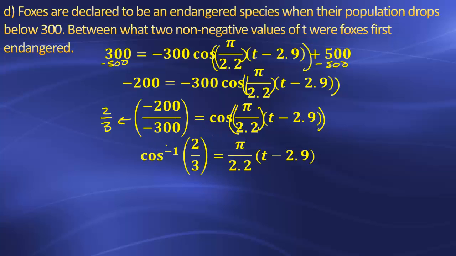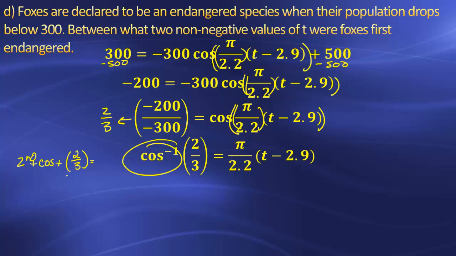So when you plug it in your calculator, you're going to hit second cosine, and you're going to see parentheses come up. You're going to put 2 over 3 or 2 divided by 3, either way.